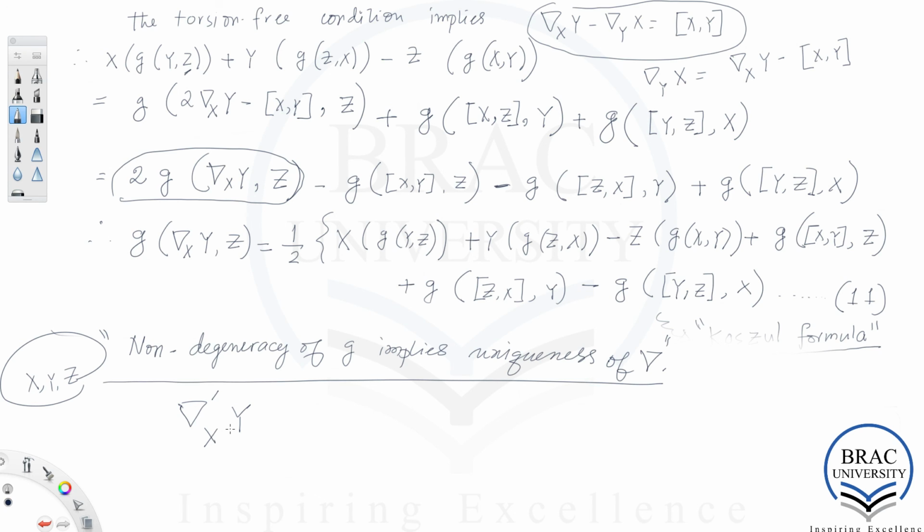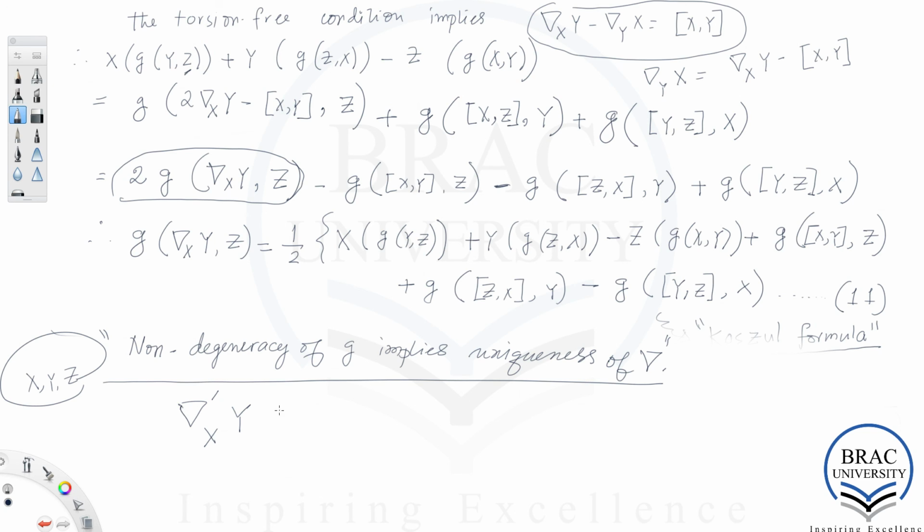And then on the right side of this equation number 11, we see nowhere nabla appearing, right? So since we are using the same 3 vector fields, we'll have the same right hand side, okay?